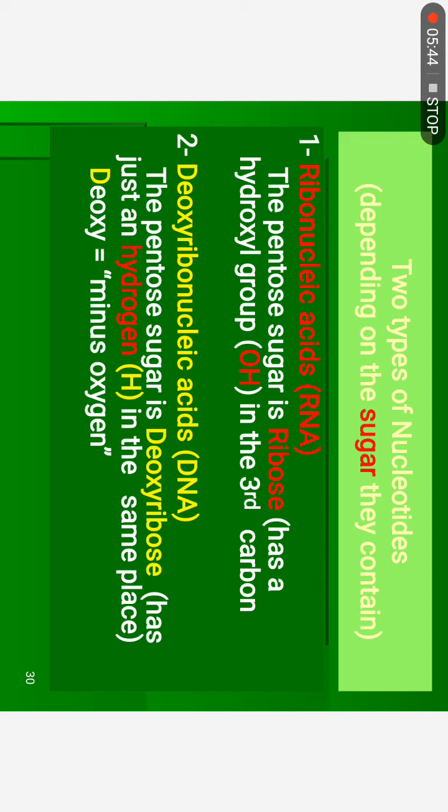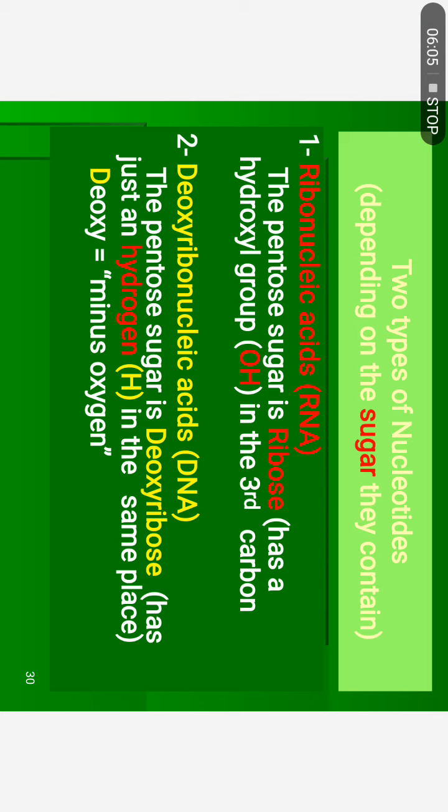If the nucleic acid contains deoxyribose, then it is DNA. So RNA and DNA depend on what type of sugar is inside.